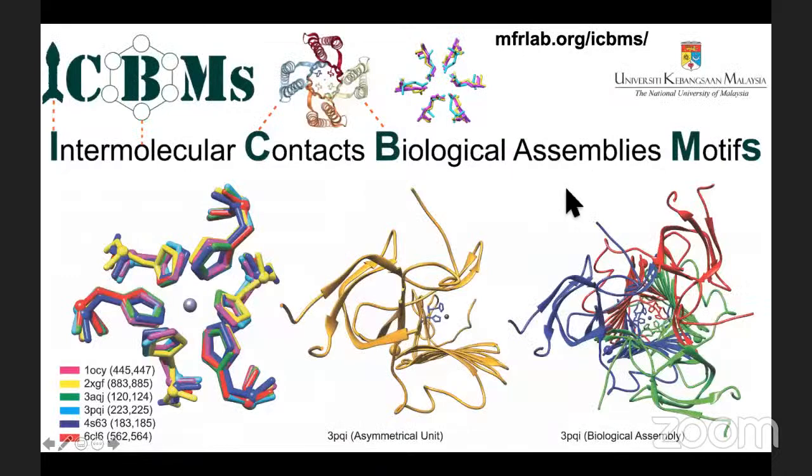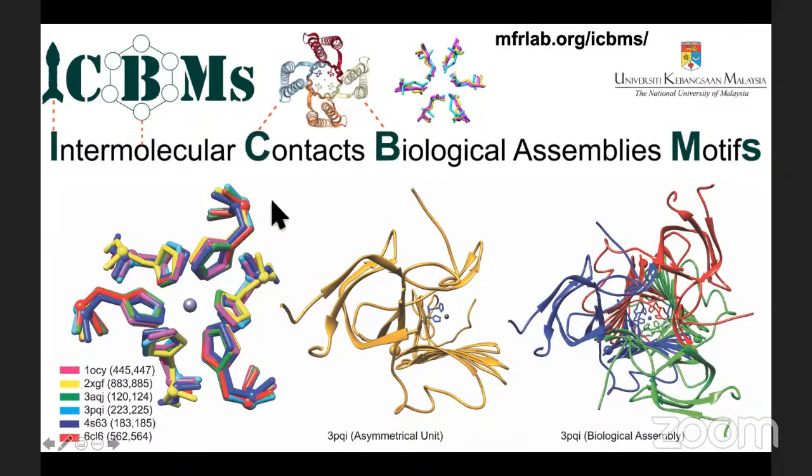Using that same Imagine program, we decided to search for repeats and symmetrical arrangements of amino acids. And from there, we were able to find quite a number of these motifs that are present at the intermolecular context interface of quaternary structures.